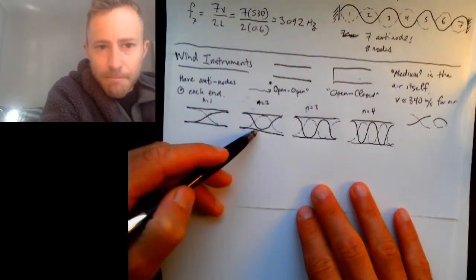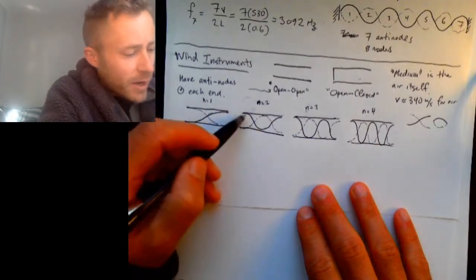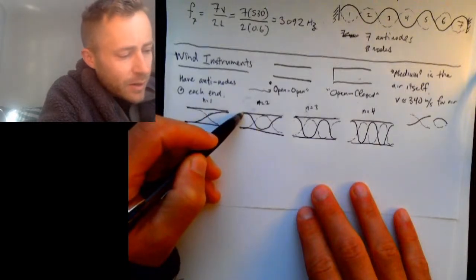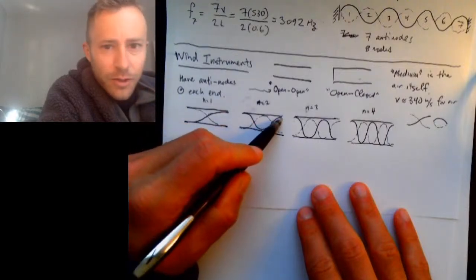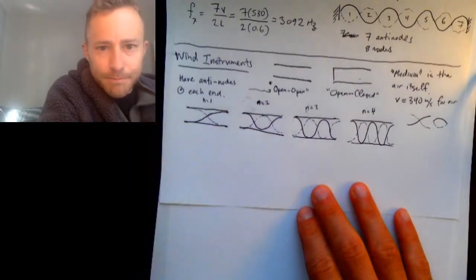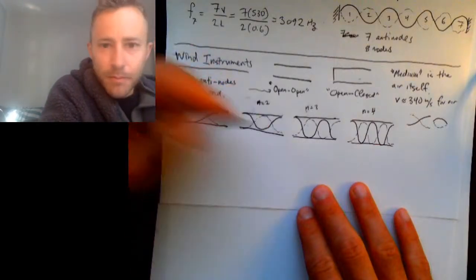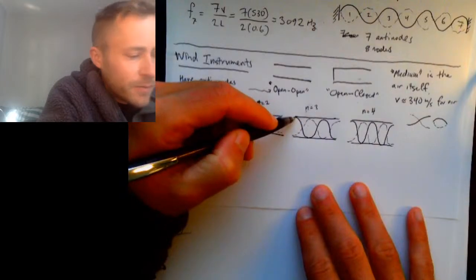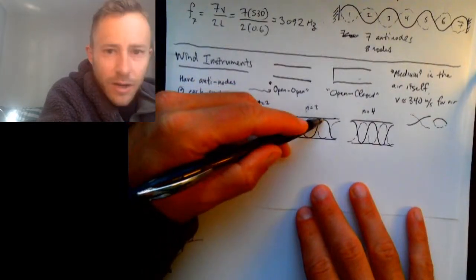This right here is a full wave. Okay, why? We have half of a crest, and then the other half of the crest is over here. Okay, and then we have a full trough in the middle. All right, so this is a full wave. All right, here we have half of a crest, we have a full trough, and then we have the other half of the crest.